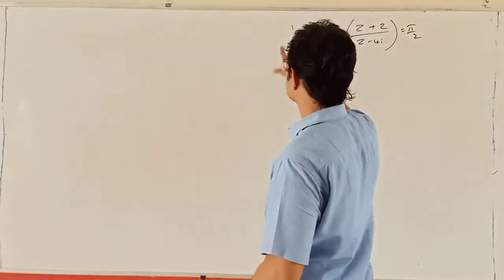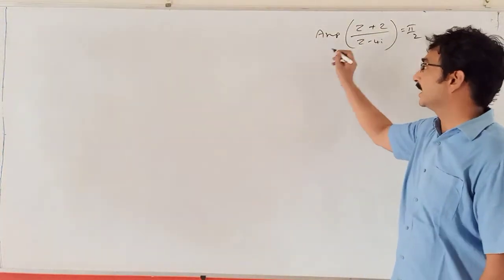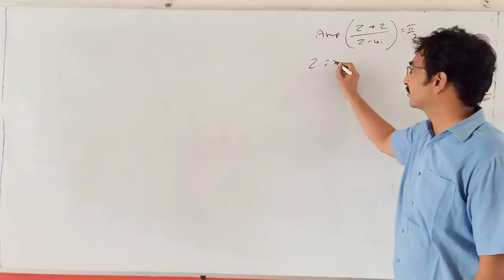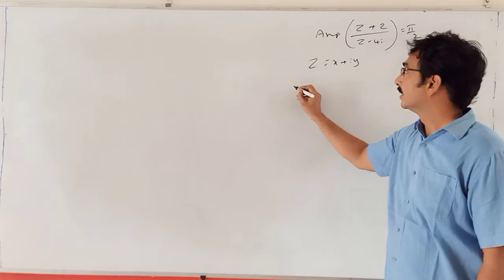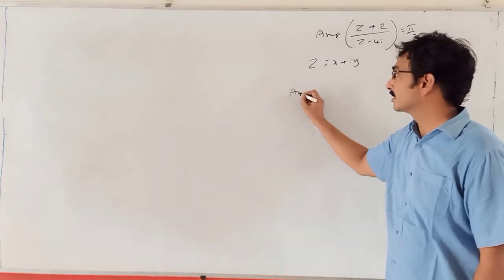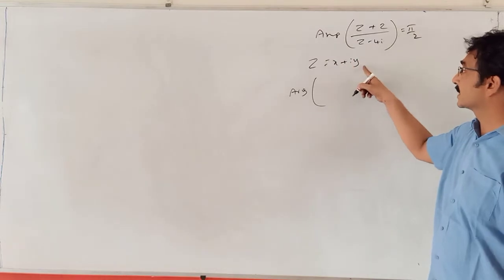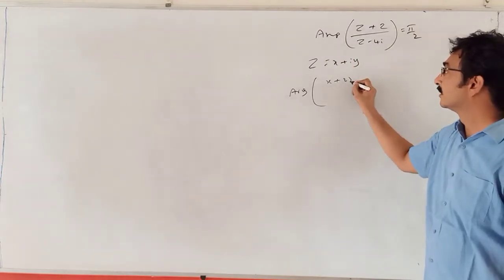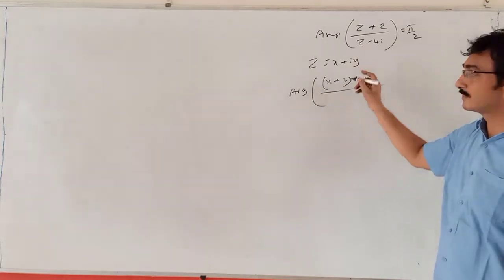The options contain an equation, not the name of the locus. Same as usual, required is the locus of z, so write z as x + iy. Amplitude means argument, so separate the real and imaginary parts. z is x + iy.